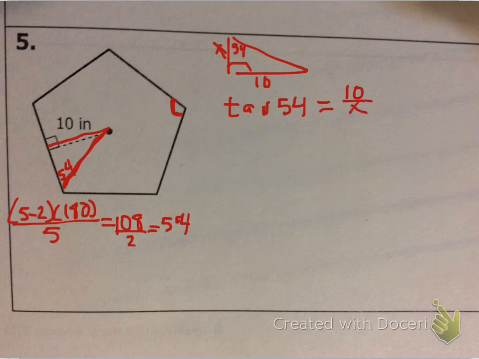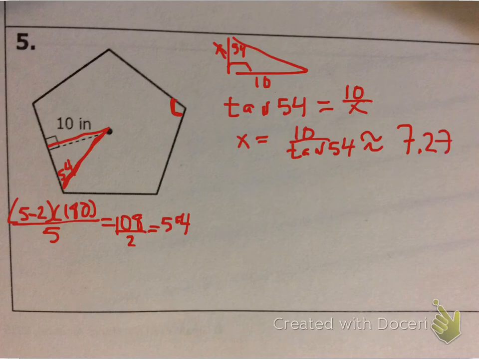Which means to find x, I have to say 10 divided by tangent 54. Which would be equal to 7.27. Okay, so that means this right here is 7.27. If I double that, I get 14.53. So this side here is 14.53.